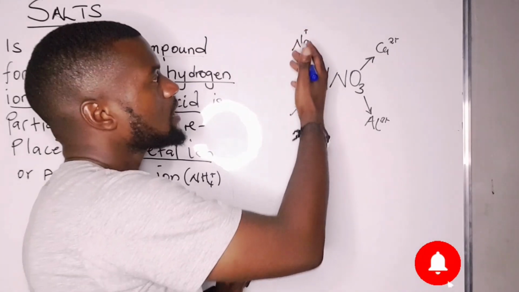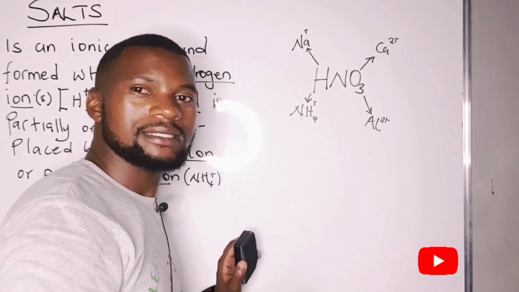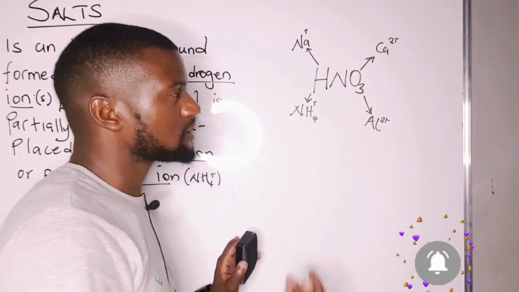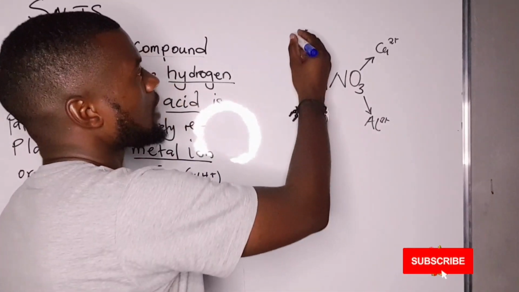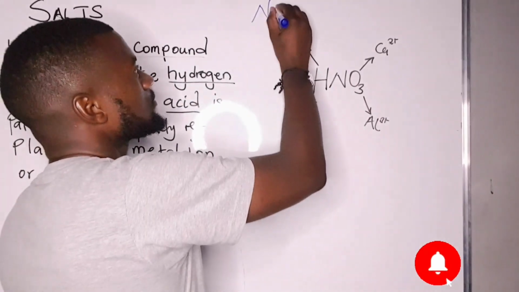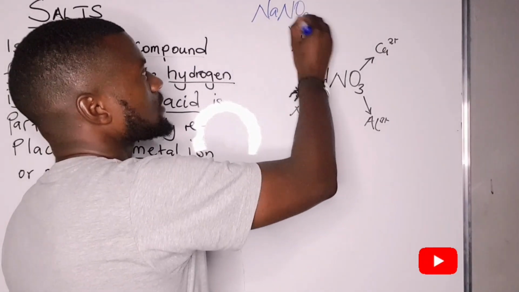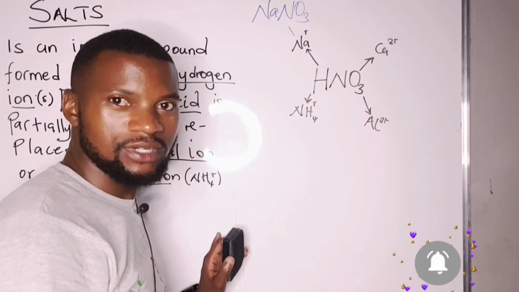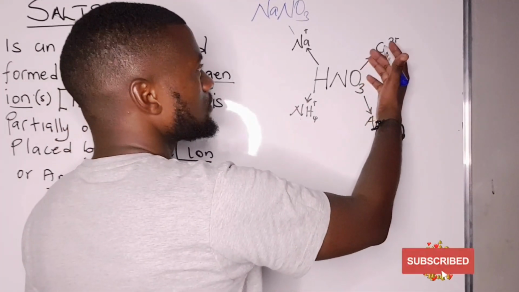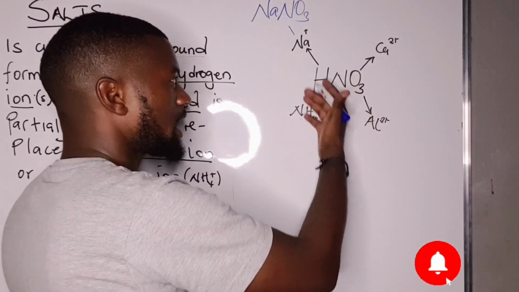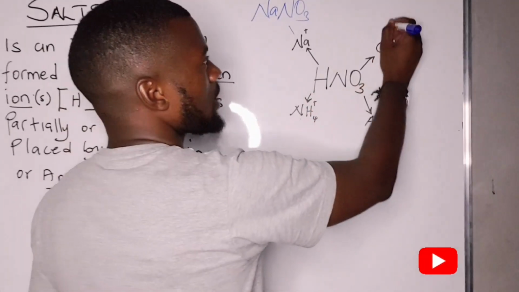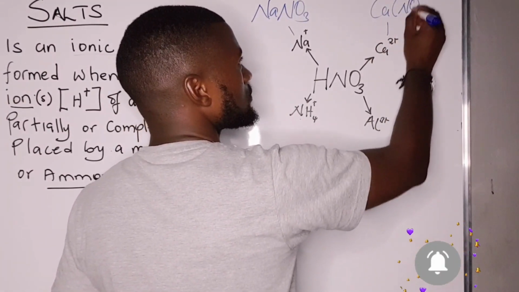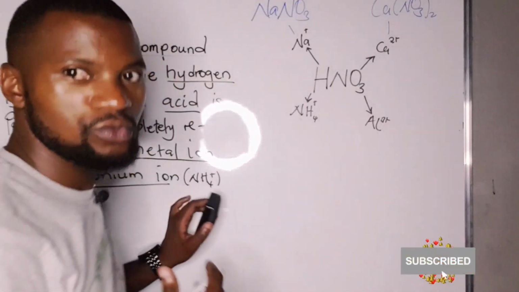When the sodium ions replace the hydrogen in the acid, which is the nitric acid, we are going to have sodium nitrate as a salt. When calcium ions replace the hydrogen in nitric acid, we are going to have calcium nitrate, which is a salt.